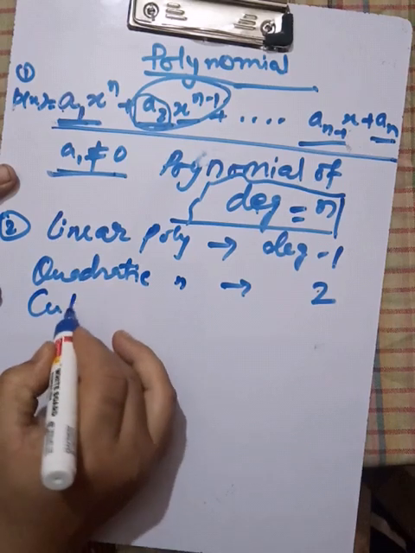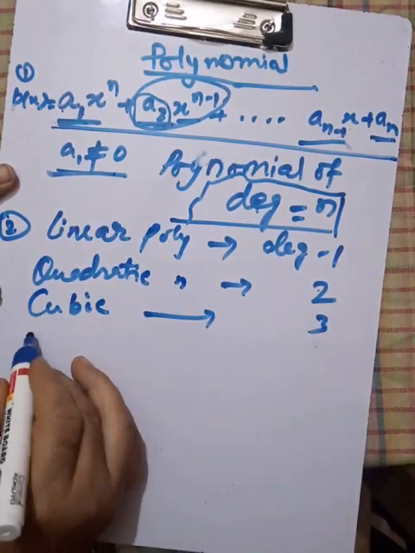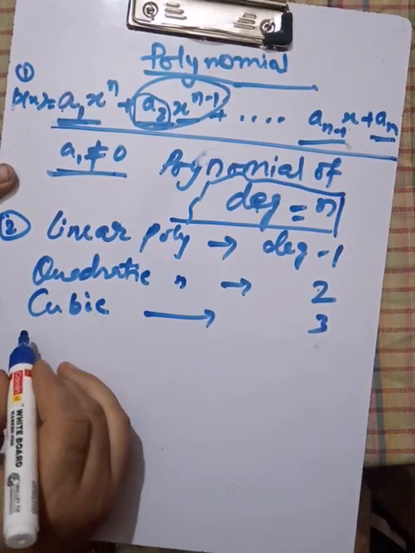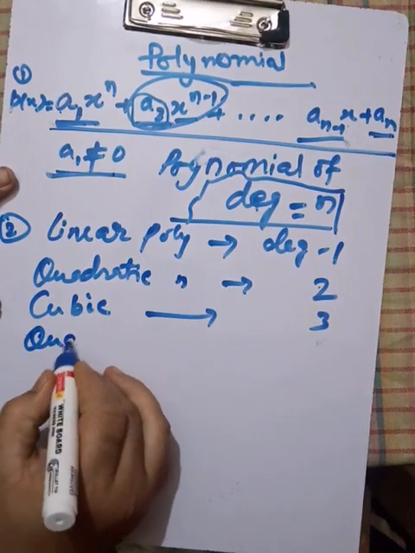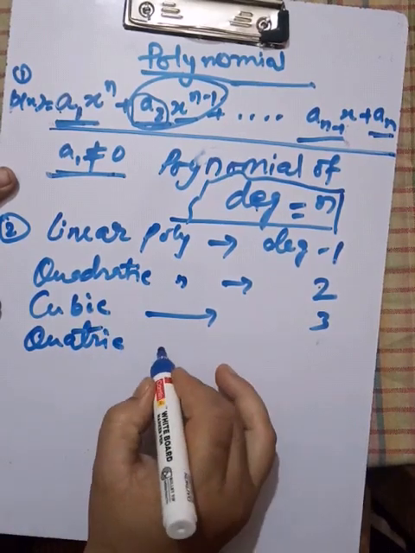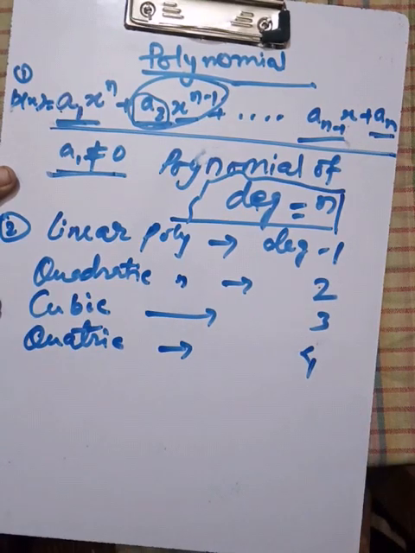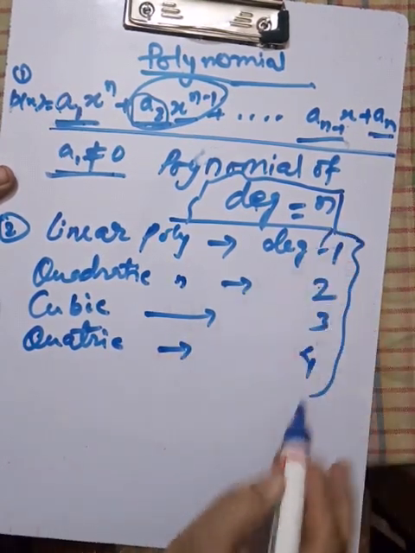Then we get a cubic polynomial, whose degree is 3. After this is the biquadratic, whose degree will be 4. So now we understand the degree.